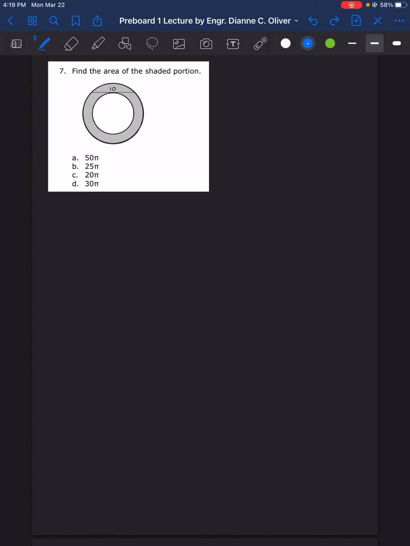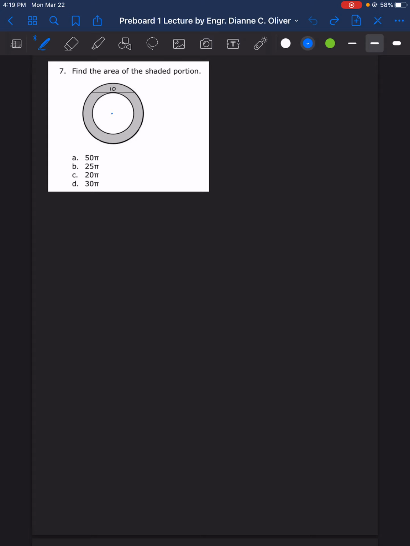Looking at this from the center here, this is actually considered as tangent to the inner circle. So if I put here a radius r, it will be perpendicular.